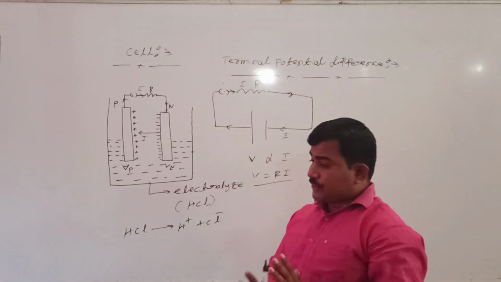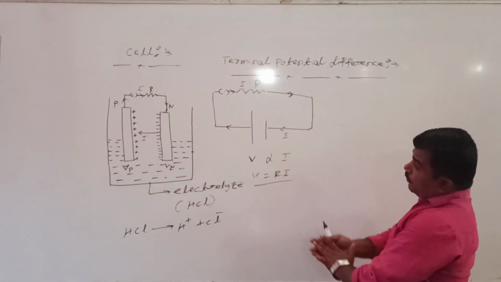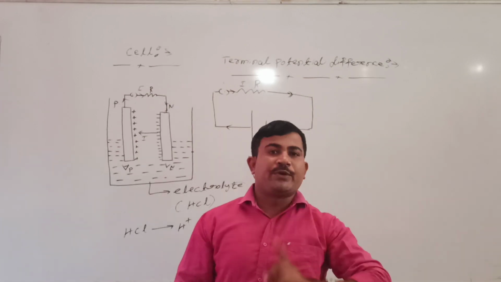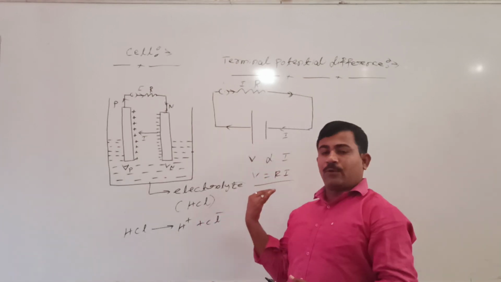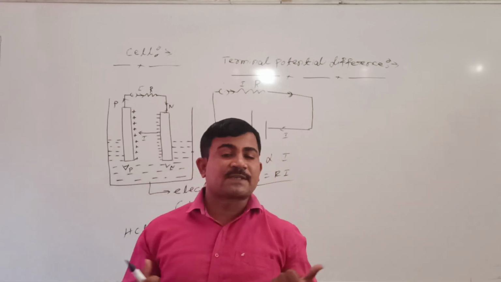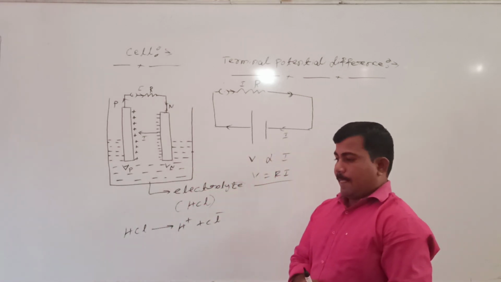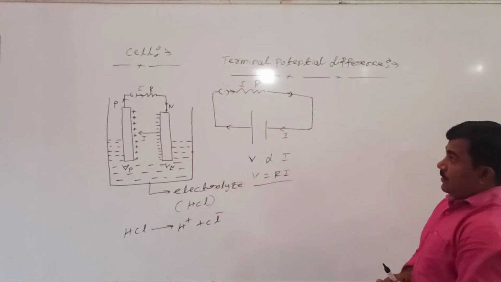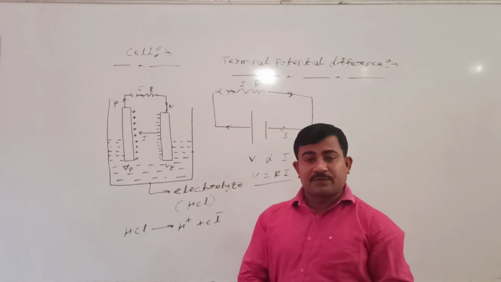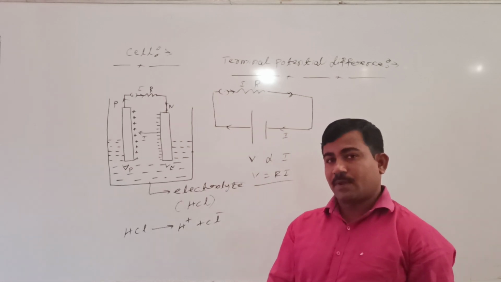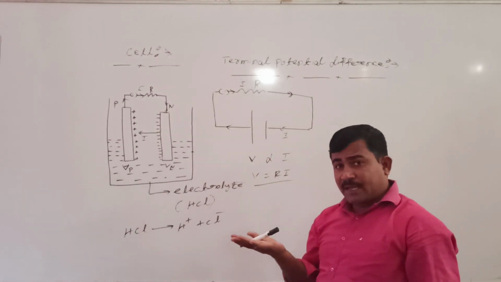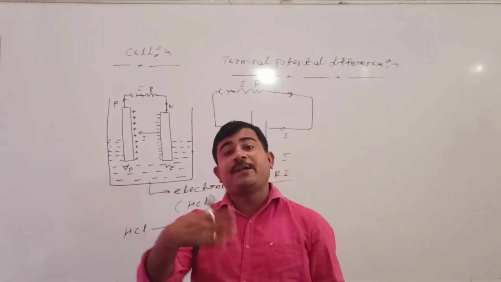Students, both the EMF and terminal potential difference have the same unit, because EMF is also in volts and terminal potential difference is also in volts, and both are scalar quantities. But between EMF and terminal potential difference, there are a lot of differences. We'll see later. Remember.